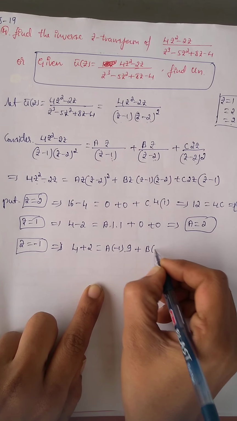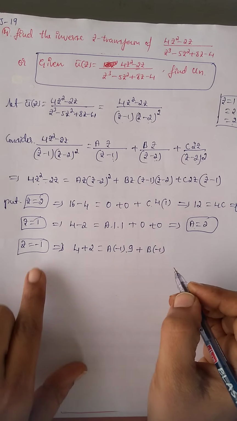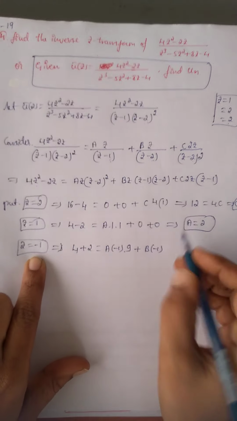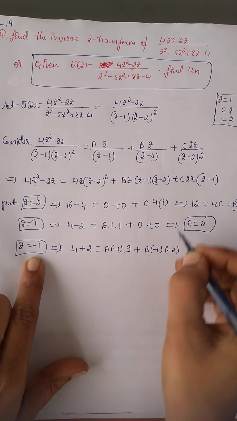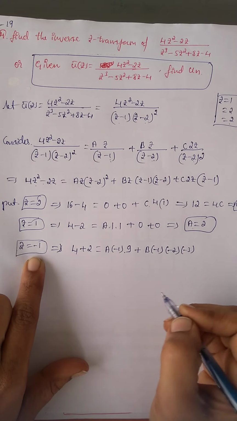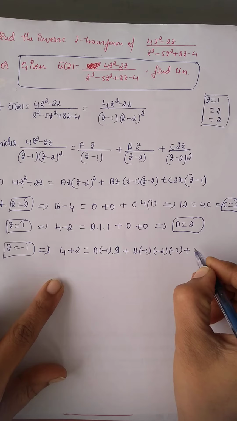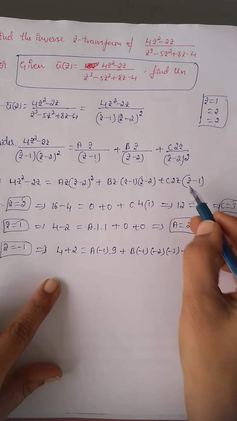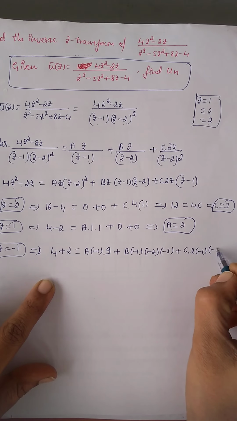Plus B into z value minus 1, and minus 1 minus 1 gives minus 2, and minus 1 minus 3 gives minus 3 in the denominator. And the last term is 2z with z value minus 1, and minus 1 minus 1 gives minus 2.